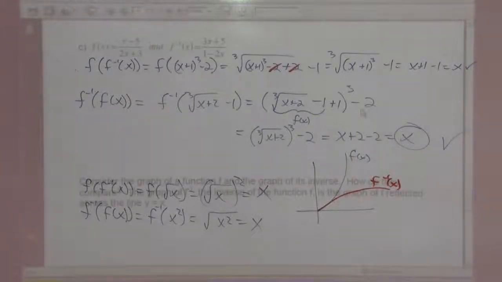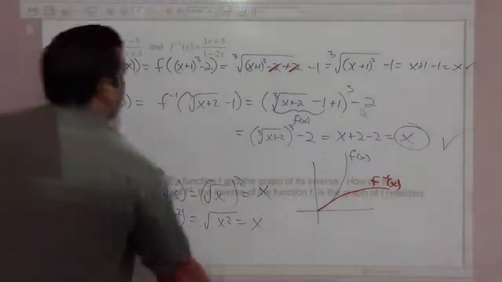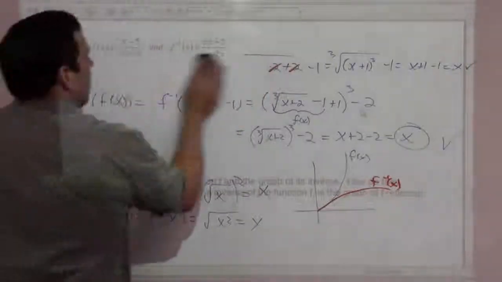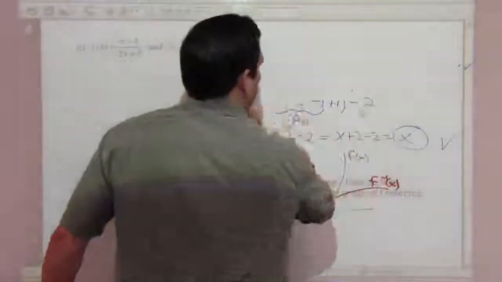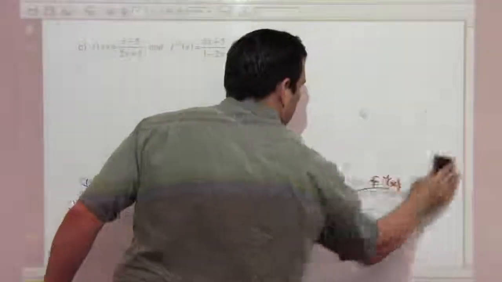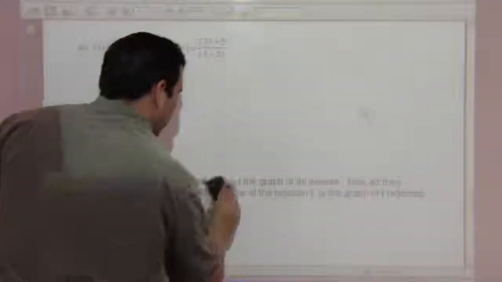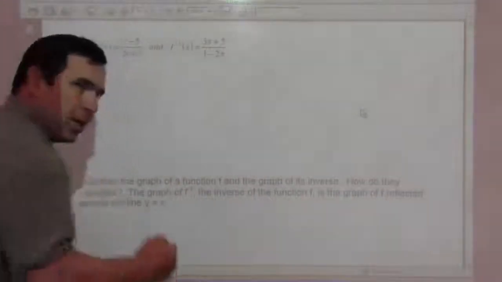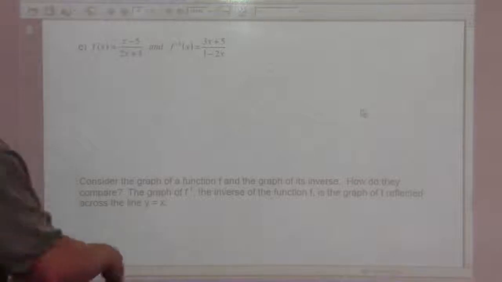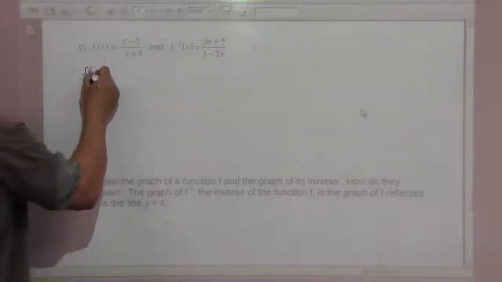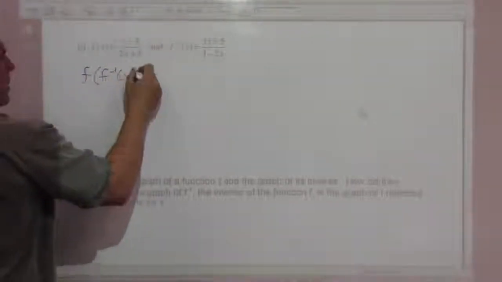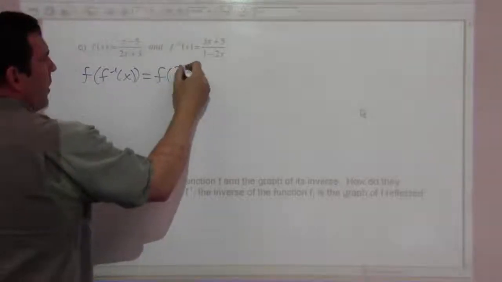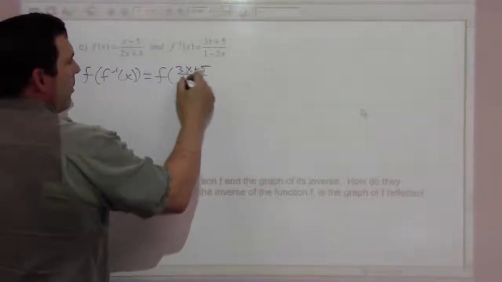Okay, we have f of x equals x minus 5 over 2x plus 3. F inverse is 3x plus 5 over 1 minus 2x. So this is going to have some complex fractions in it, which may be a little uncomfortable for some people, but we have to push ourselves there. So f of f inverse of x is f of 3x plus 5 over 1 minus 2x.